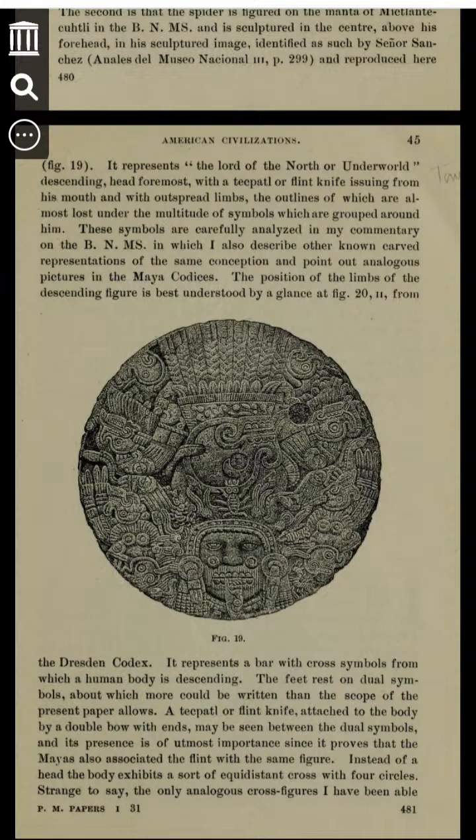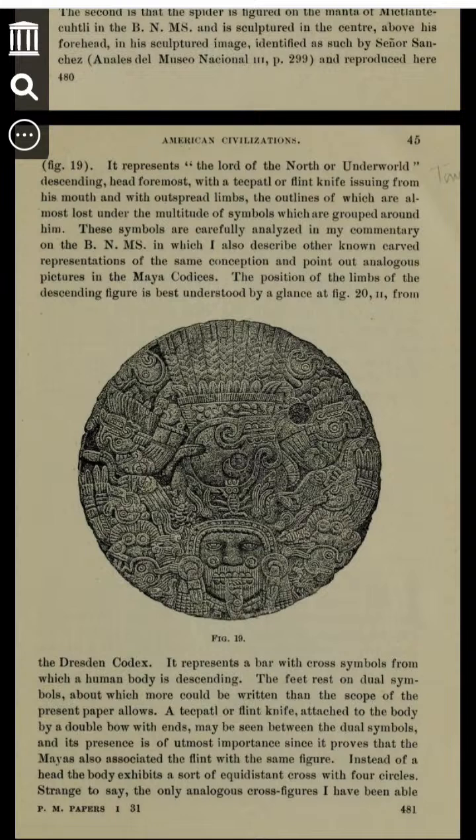symbols, which could be written about more than the scope of the present paper allows. A tet pot or flint knife attached to the body by a double bow with ends may be seen between the dual symbols, and its presence is of the utmost importance, since it proves that the Mayas also associated the flint knife with the same figure.